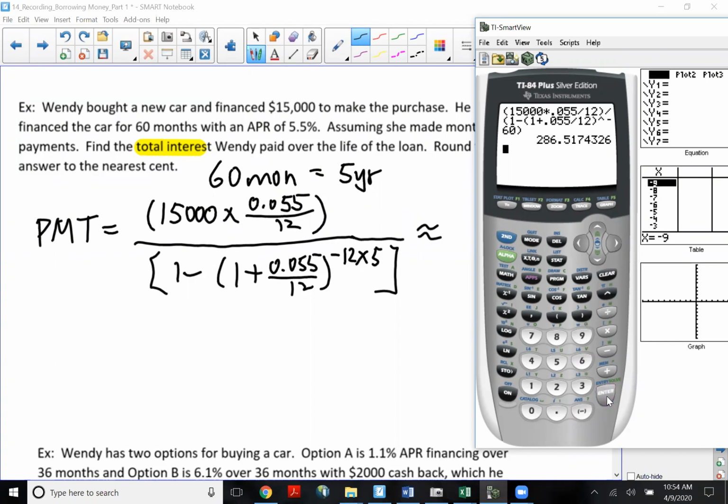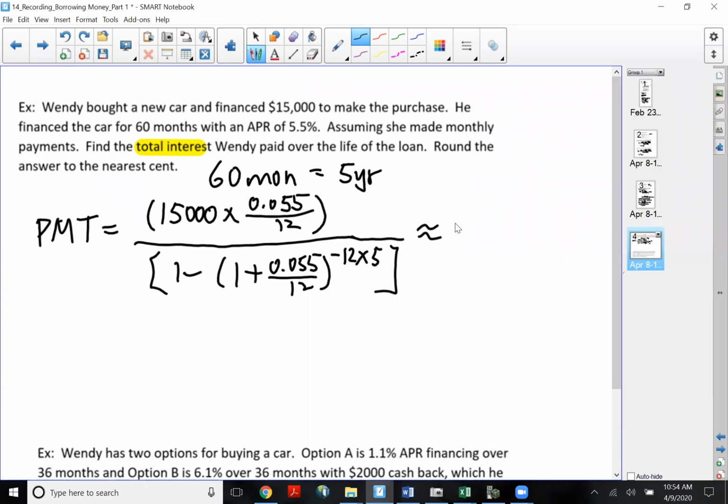Okay, $286.52. That's her monthly payment.